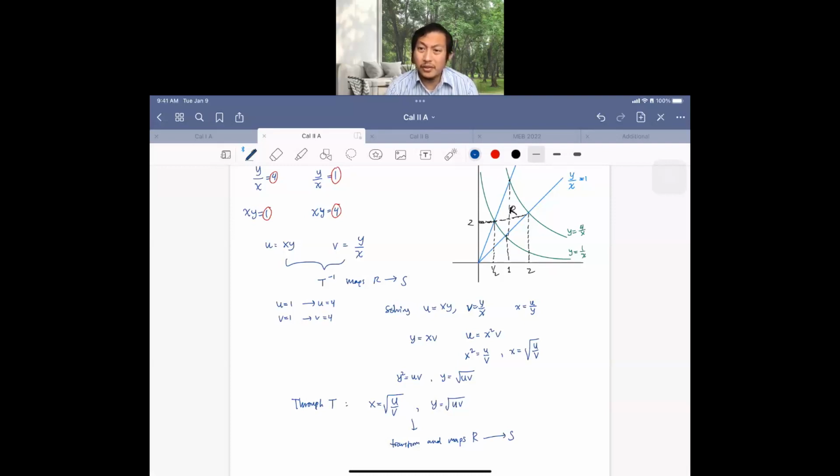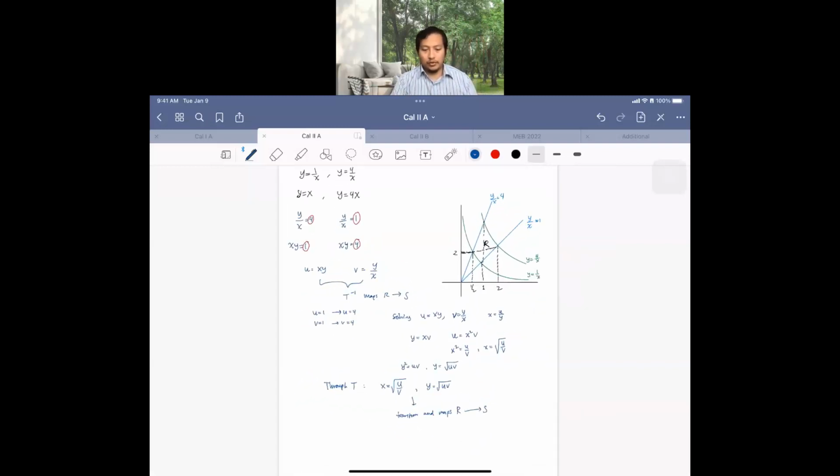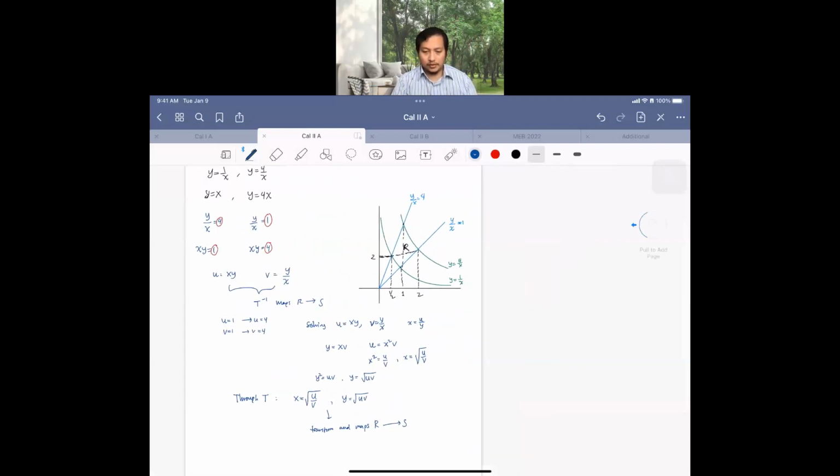I think there are only a few questions regarding the triple integral, but we can still have triple integrals for the change of variables. Okay, I think we can move on to the next question.